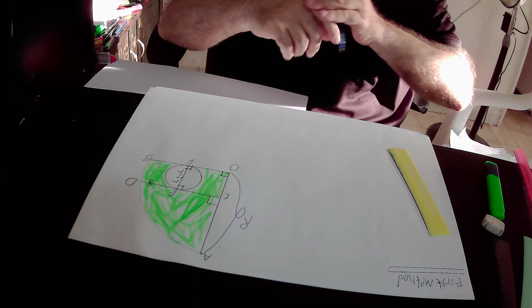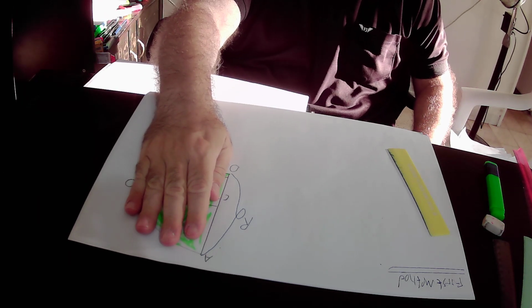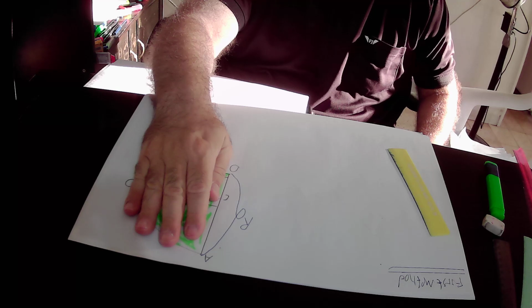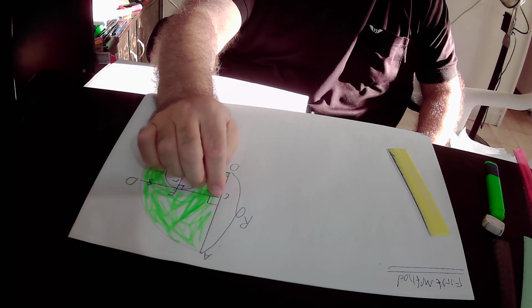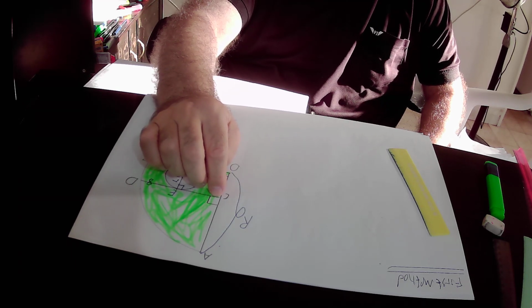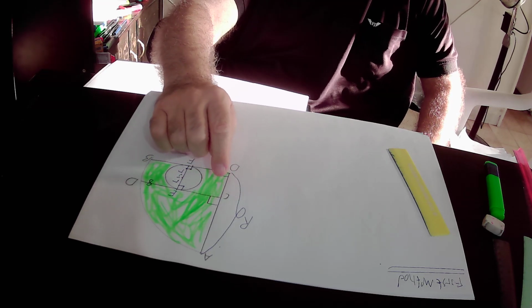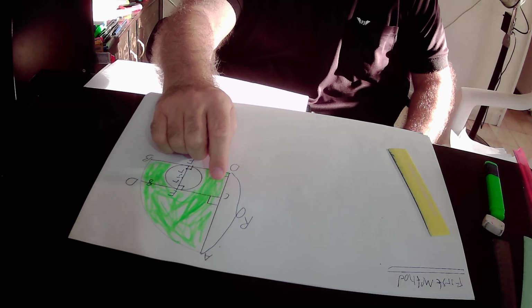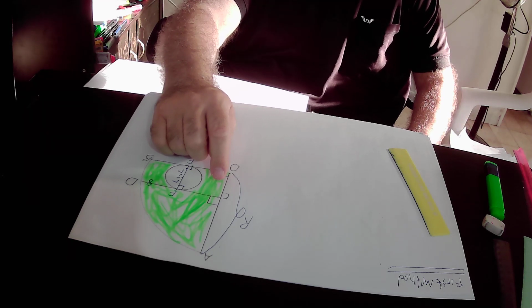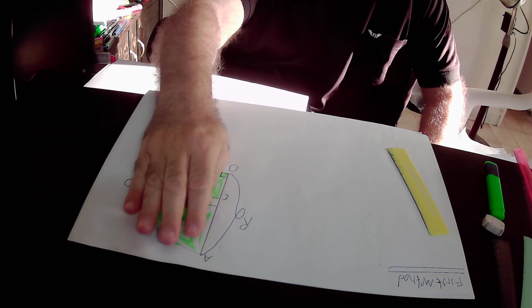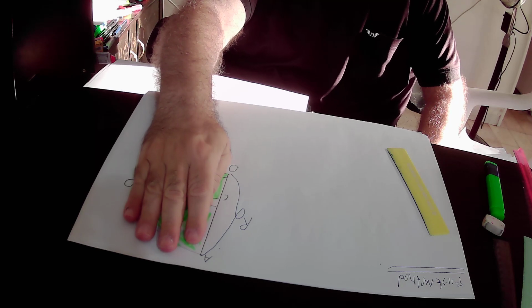So if we focus on this side of the straight line AO at point C, here the sum of the angles must be equal to 180 degrees according to rule number 3, that is, the sum of the angles on one side of a straight line is equal to 180 degrees. Which angles do we have at this side of AO at point C?